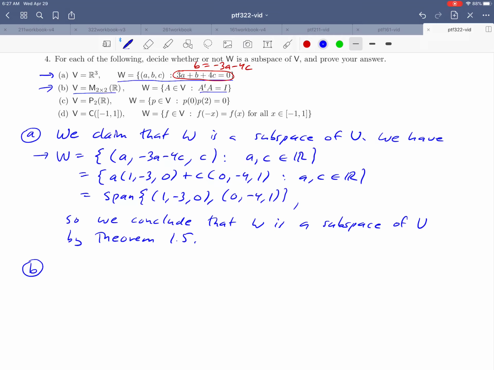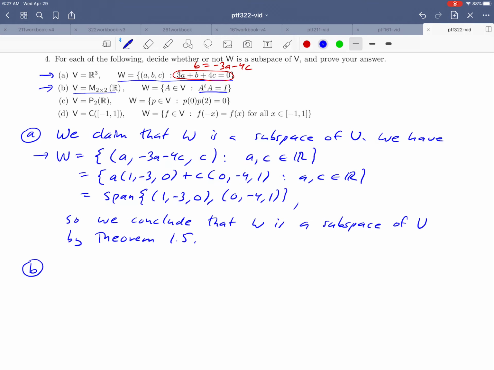To answer that question, we first have to ask ourselves, what is the zero vector in V? You can look back or convince yourself that the zero vector is just the zero matrix. If you took the zero matrix, substituted it into this formula, took its transpose and multiplied it by itself, would you get the identity matrix?